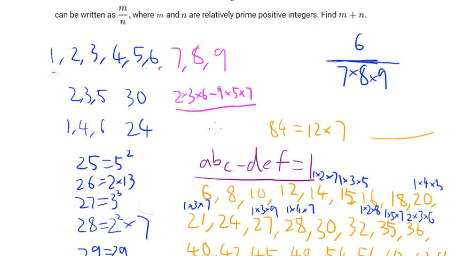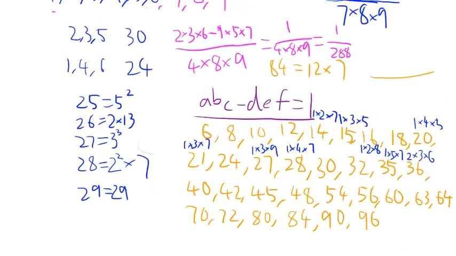Okay, that leaves us a 4 and 8 and a 9 for the denominator, with 4 times 8 times 9, 1 over this. 72 times 4, 288. 1 over 288. Okay. So yeah, that's pretty small. Can we get smaller?